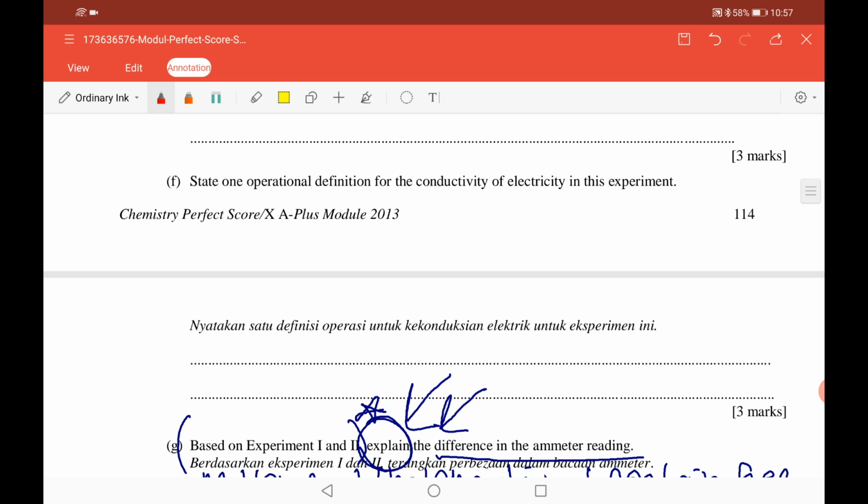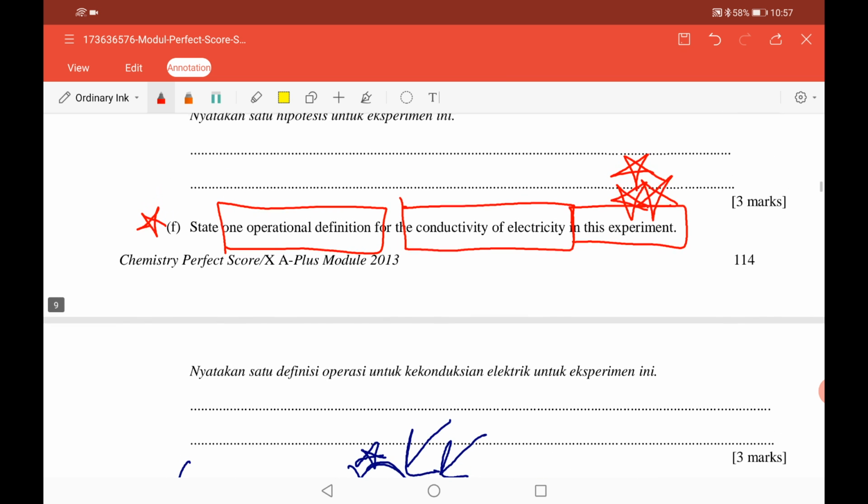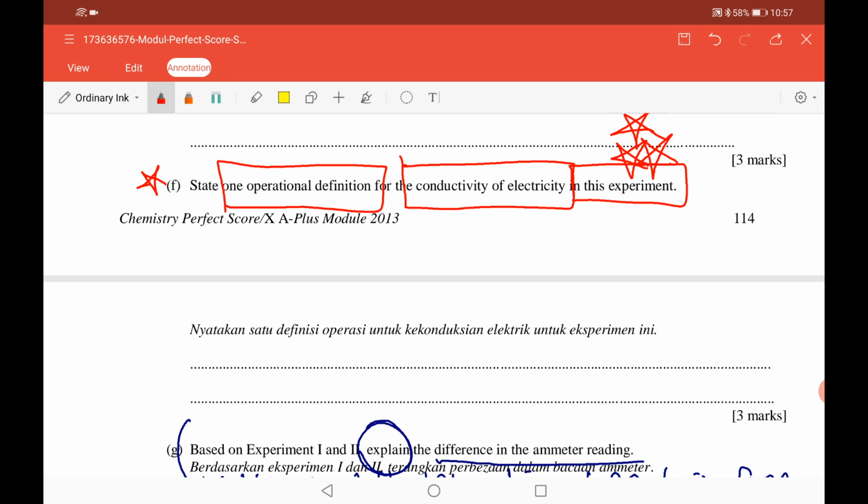Look at question F. State one operational definition for conductivity of electricity in this experiment. So they clearly tell you this experiment. So just copy paste, use the same experiment they give you. You don't need to think and design another new experiment, no need, because they already mentioned it in this experiment.